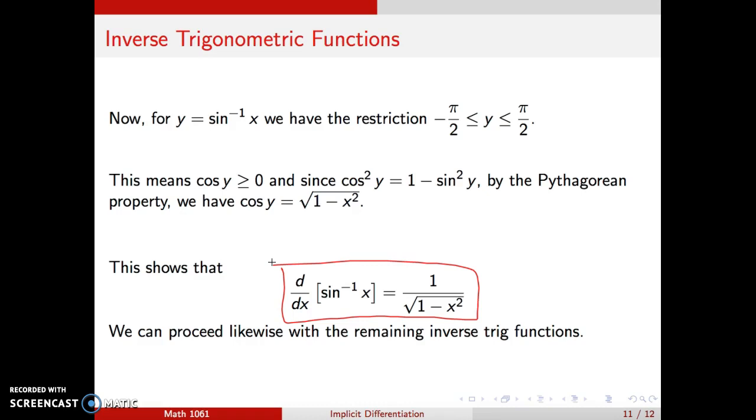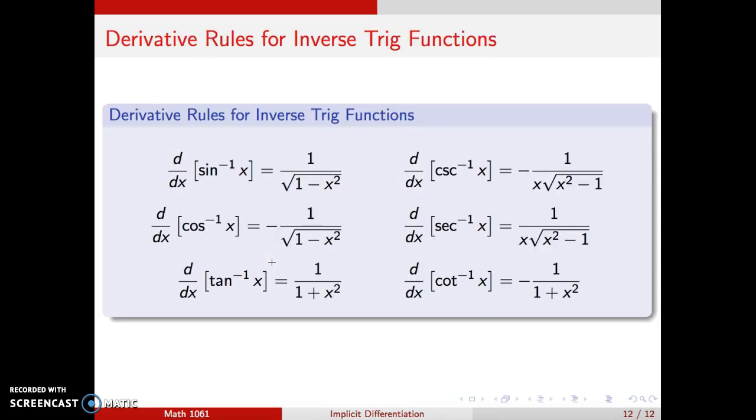You do the same process with the other 6 inverse trig functions, and this is what you'll come up with. So this would probably be something where it's worthwhile just to memorize these. You don't want to have to derive them from scratch, but you can using implicit differentiation. It looks like there's 6 things to remember, but you'll see that a lot of these are kind of connected. Arctangent and arccotangent just differ by a factor of -1.